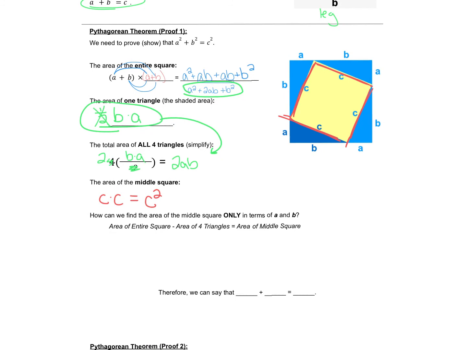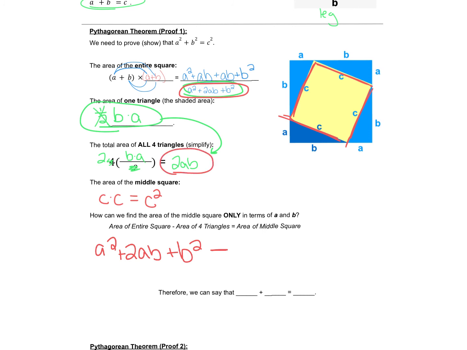Okay. Now, how can we find the area of the middle square only in terms of a and b? This might get a little tricky. The area of the entire square was a squared plus 2ab plus b squared, and I got that from this first part, minus the area of 4 triangles.